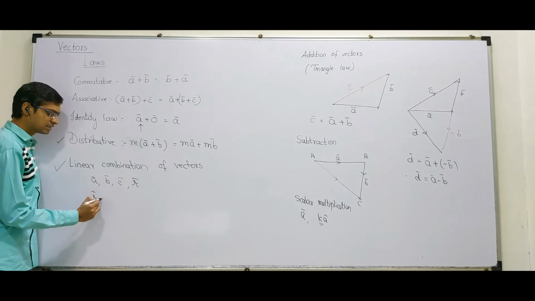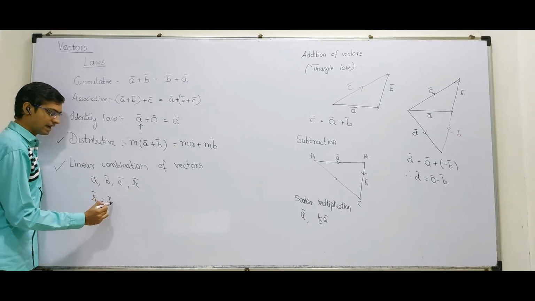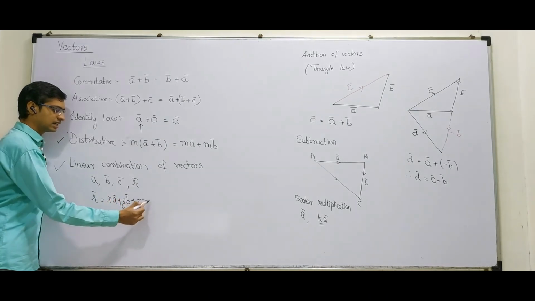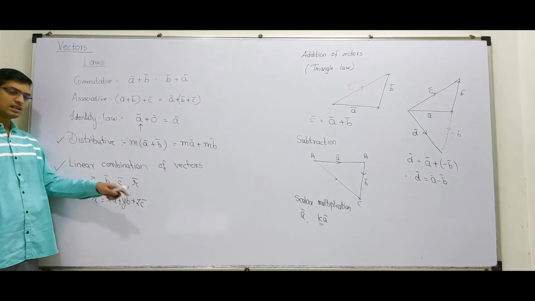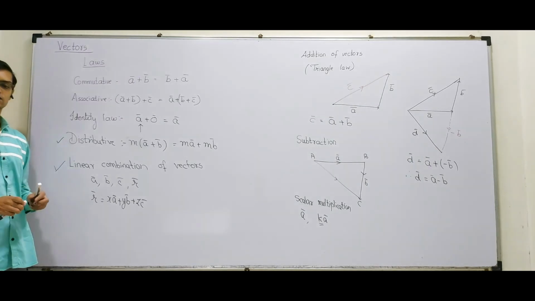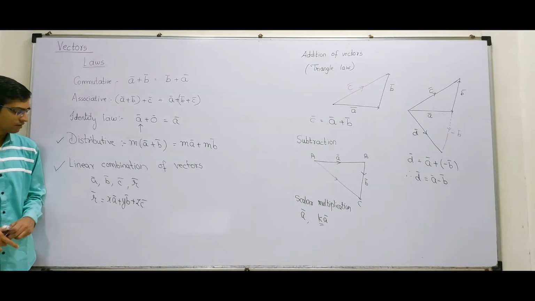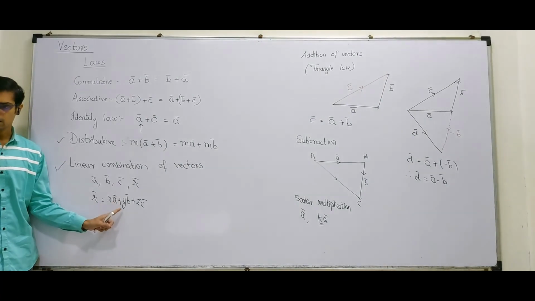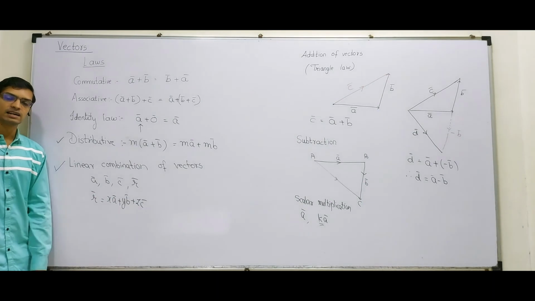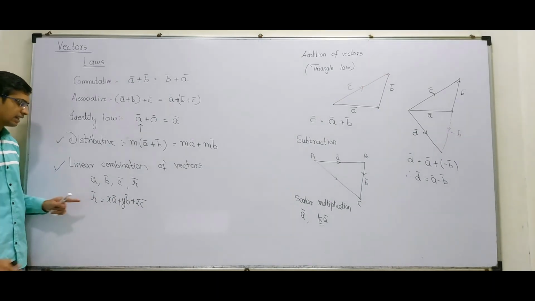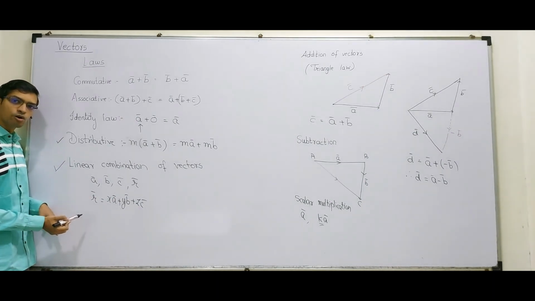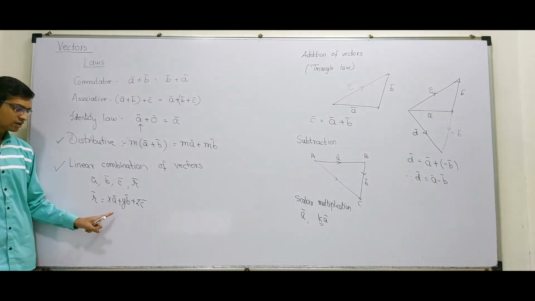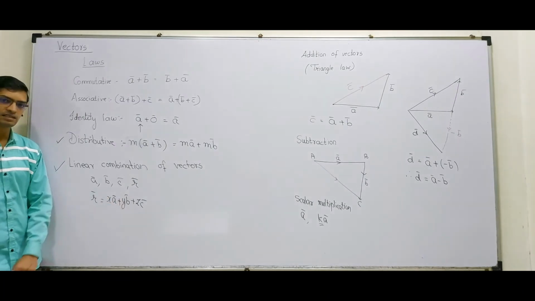If I can express R bar as x times A bar plus y times B bar plus z times C bar, where x, y, z are scalar numbers, in a unique way, then R bar is a linear combination of A, B and C.